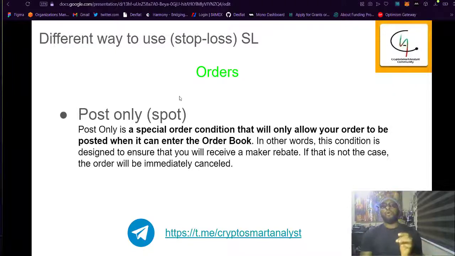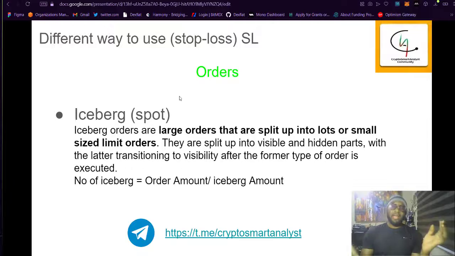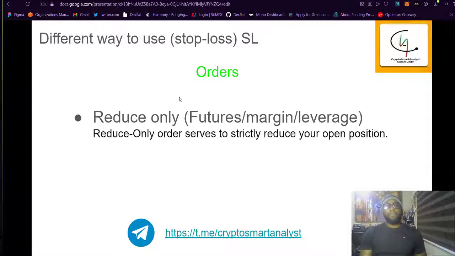An iceberg is a kind of order that breaks a large order down into smaller ones so they can easily get executed. These are basically used in traditional finance trading. In CeFi, centralized finance, you get to use them, but in DeFi, not yet.